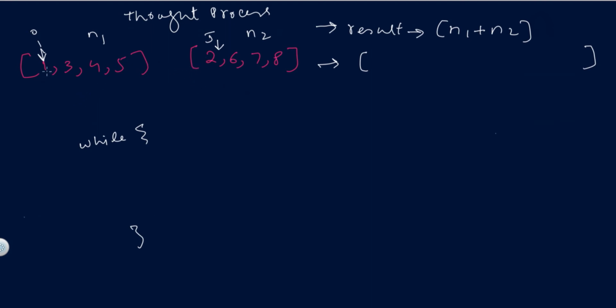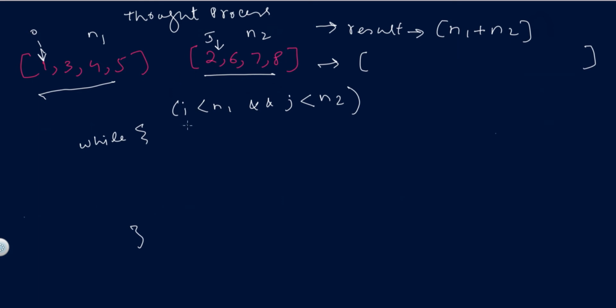We will iterate, but we will compare each integer of both arrays. So we will iterate with this condition: i should be less than n1 and j should always be less than n2. We would like to iterate inside these arrays.